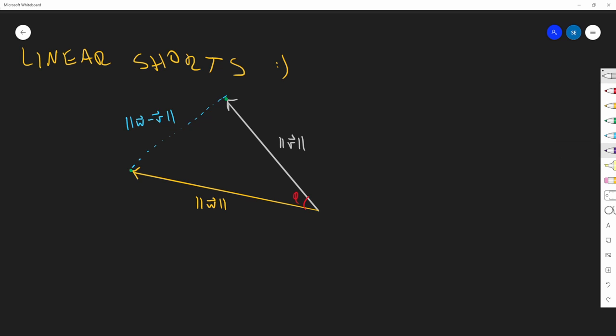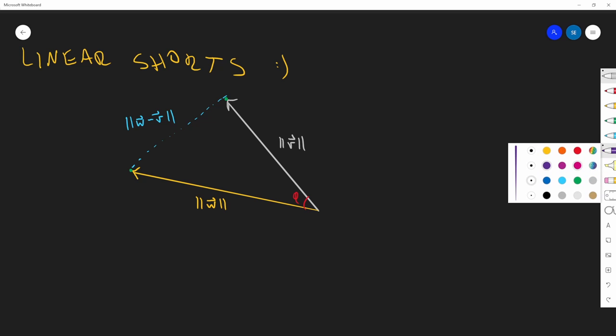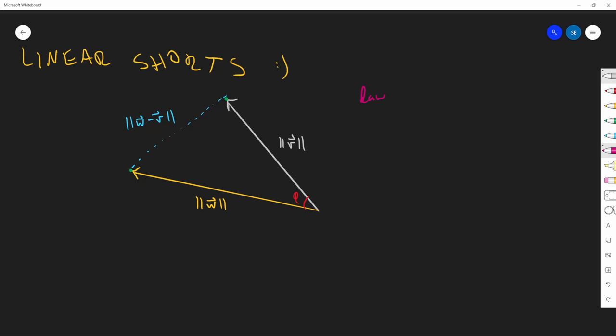If you remember this beautiful equation, the law of cosines tells us that c squared is equal to a squared plus b squared, whoa, Pythagorean theorem, minus 2ab times cosine of theta.